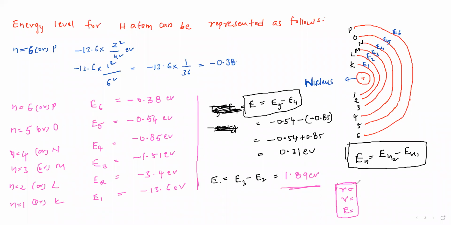Radius of various shells, velocity of an electron, and energy of an electron. Everyone, I am going to remove this page. We have so many problems to calculate.